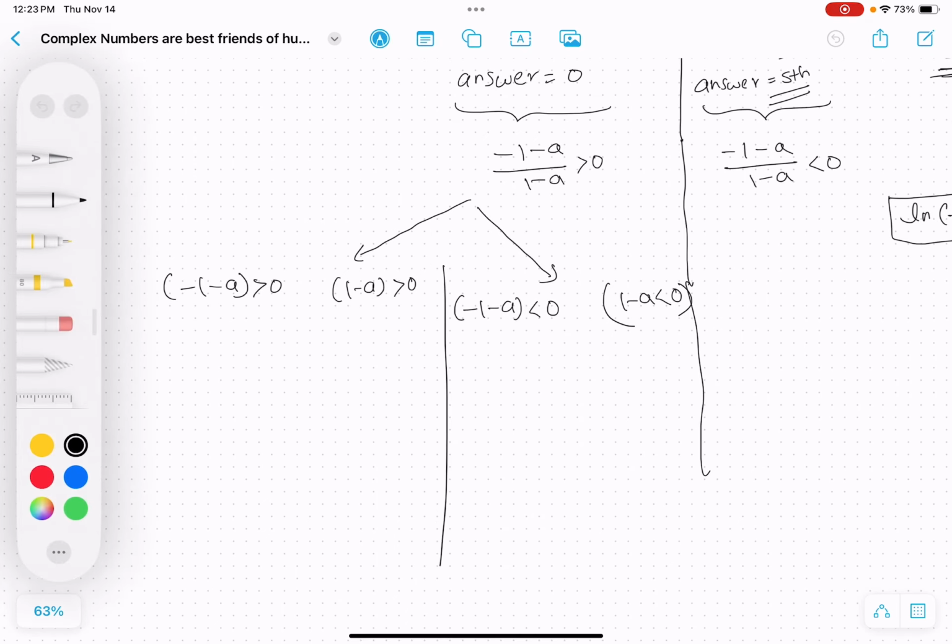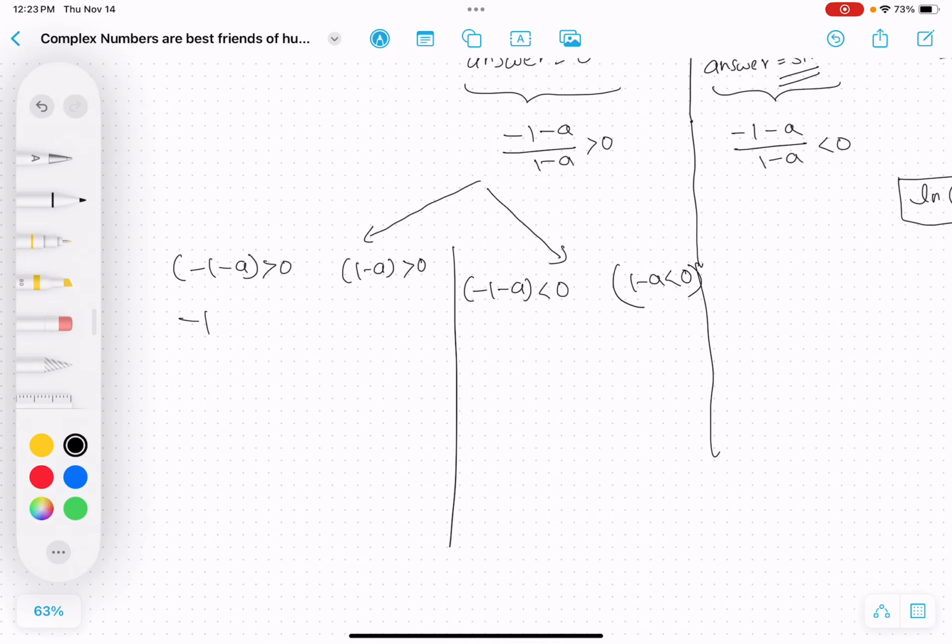In this case, we need to have -1 greater than a, so a should be less than -1, and both should be true, or we can have this other case. Either of them is a possible solution. And a should be less than 1.